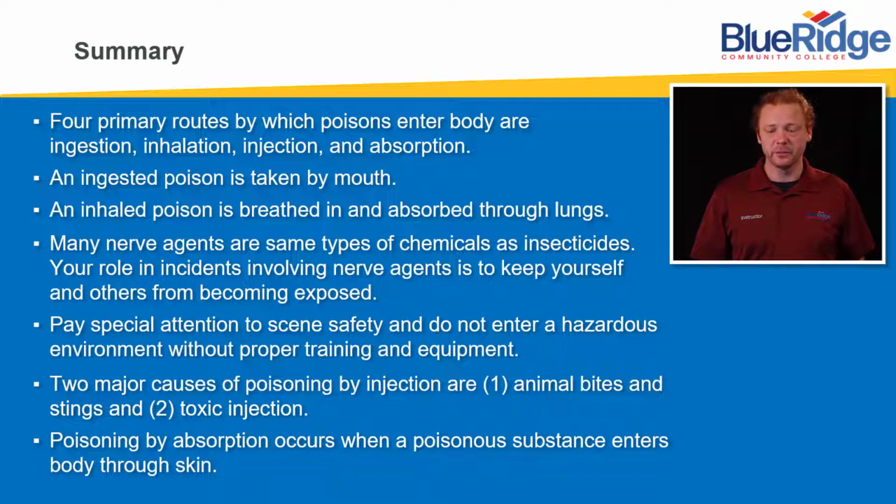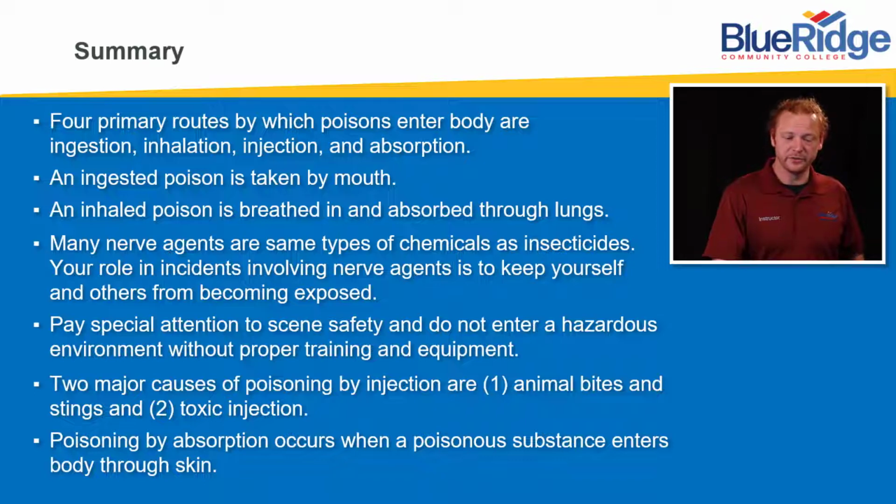Some toxic substances, such as carbon monoxide, are very poisonous but not irritating to the respiratory tract, while other toxins such as chlorine gas and ammonia are very irritating and will cause coughing and severe respiratory distress. Two major causes of poisoning by injection are animal bites and stings and toxic injection. Poisoning by absorption occurs when a poisonous substance enters the body through the skin.